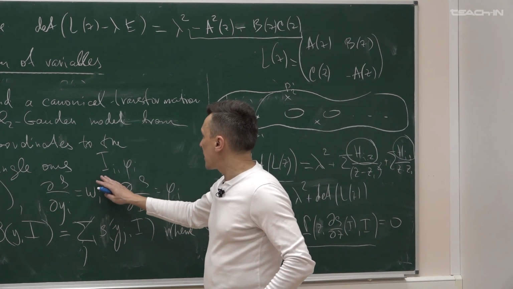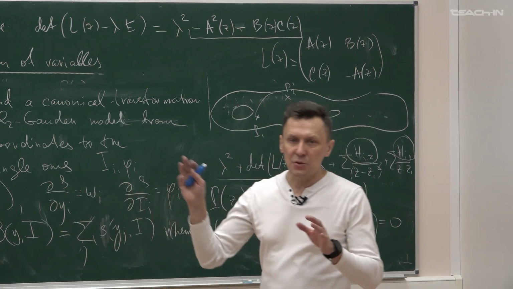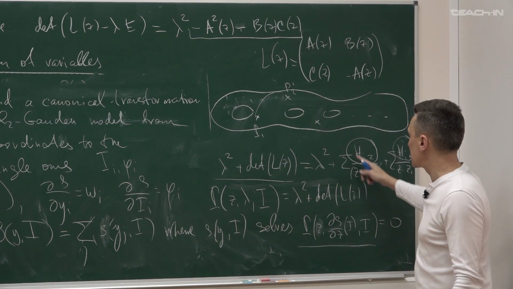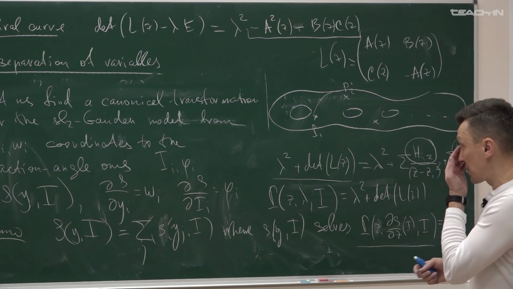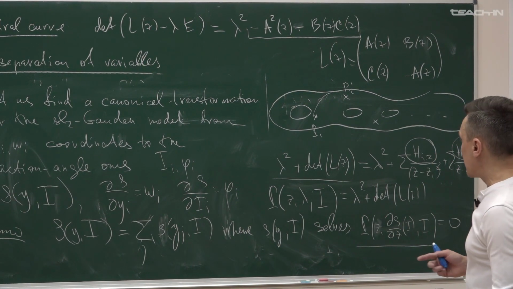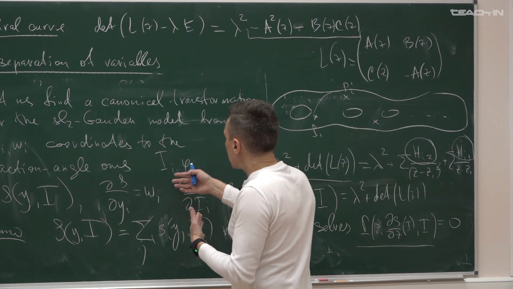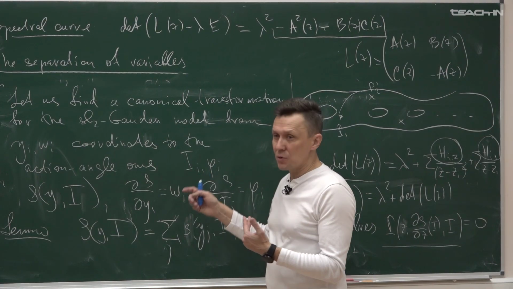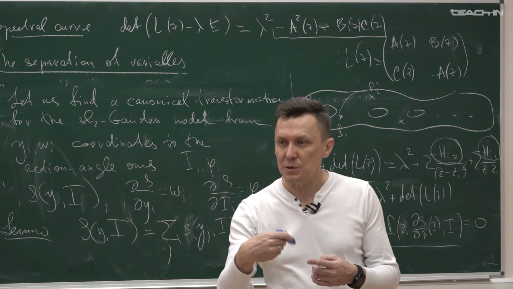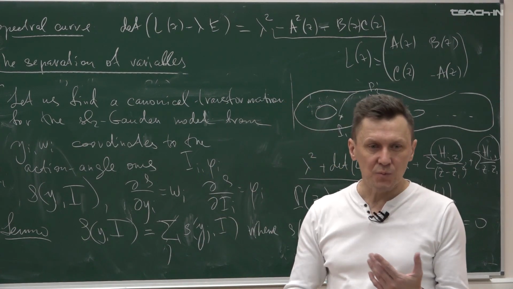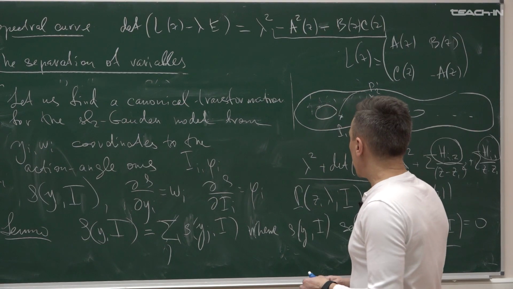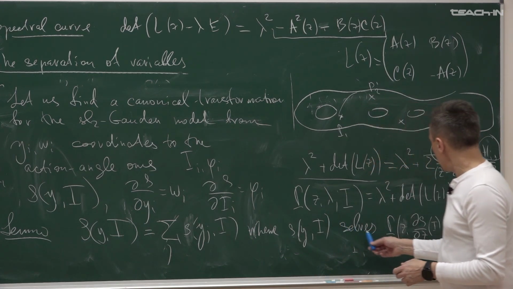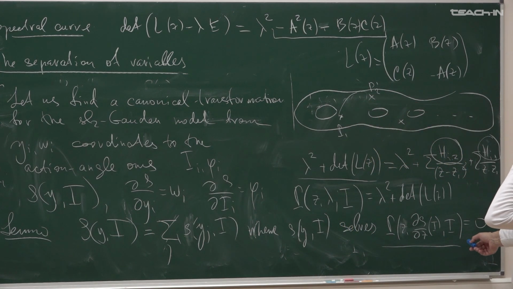So we can consider just the Hamiltonians which are coefficients of this expression, and consider the conjugated variables to these Hamiltonians. It means the times with respect to these Hamiltonian flows. And what is this equation here?